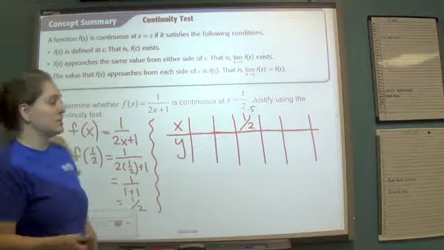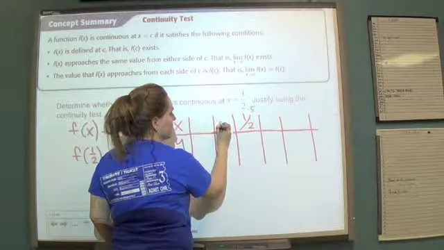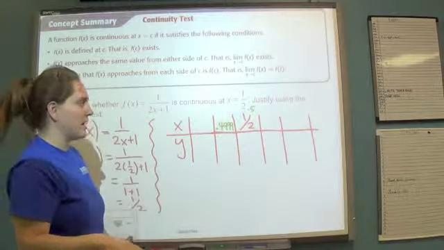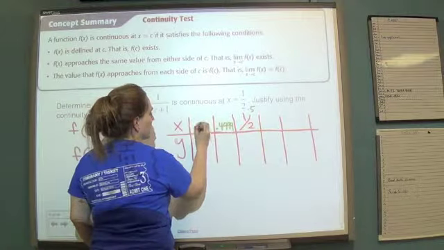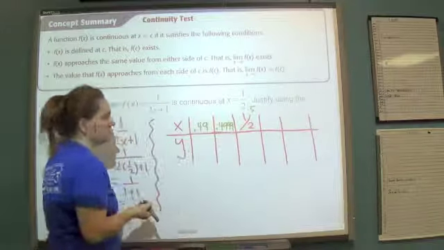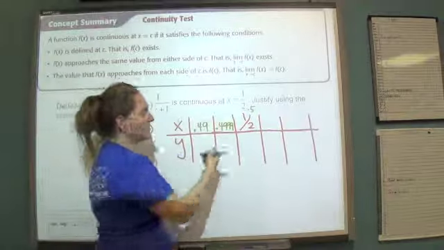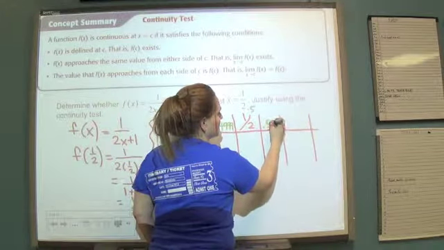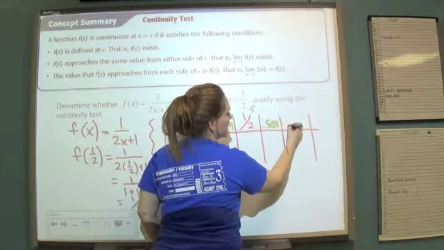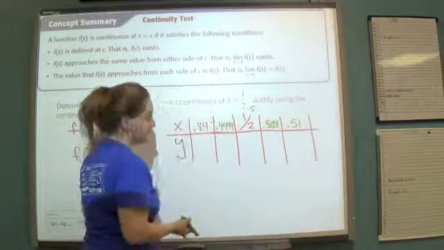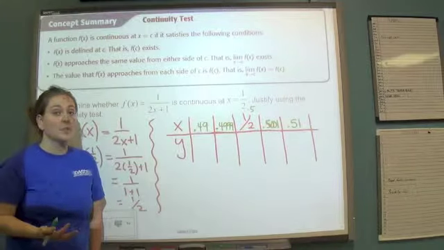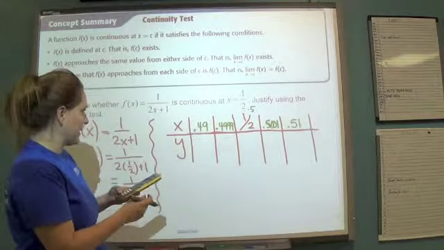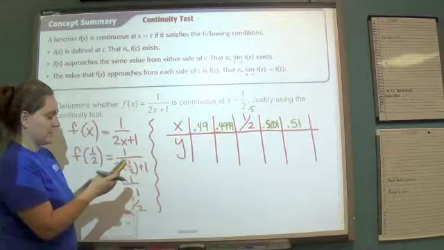On this side we can say 0.4999 because that's really, really close to 1/2, and we can say 0.49. And on the other side, we can say 0.5001 and 0.51. So we use the table of numbers to figure out if it's approaching it. Yes, there's going to be some calculator work, but that's okay. So let me get the calculator ready.